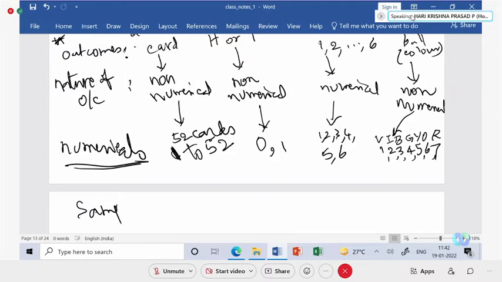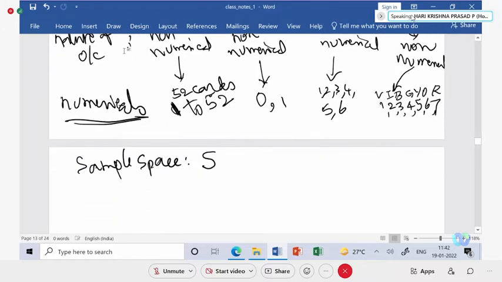I am representing this sample space by capital S. The outcomes of the experiments in this sample space are represented by small s. So in the textbook, you will see small s like this, lowercase s. Okay.